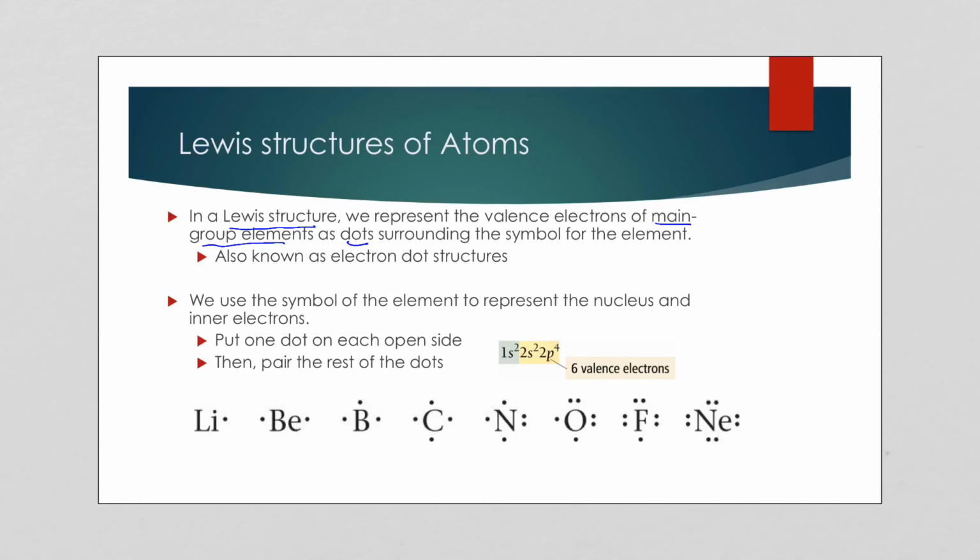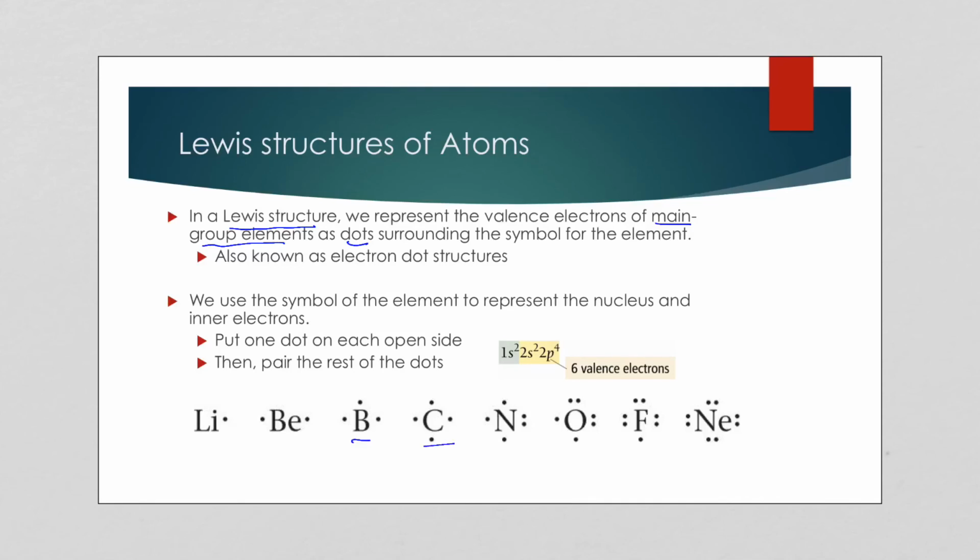So for example, boron, an element that has 3 valence electrons, being in group 3, we put 3 valence electrons on it, 1 on 3 sides. Whereas carbon in group 4 has 4 valence electrons.